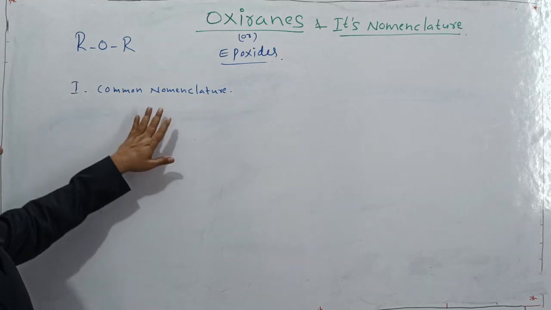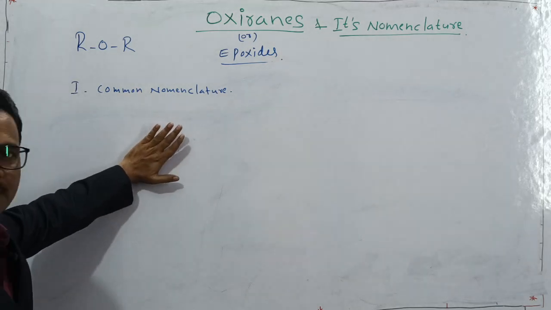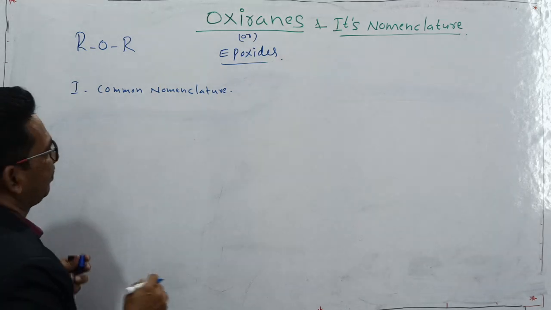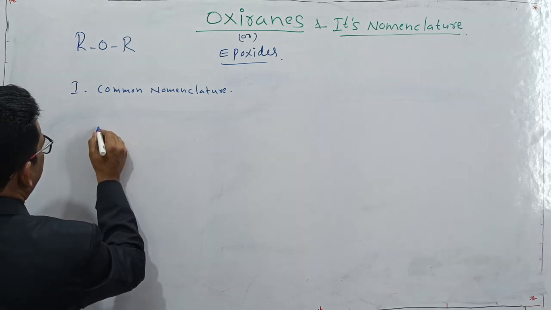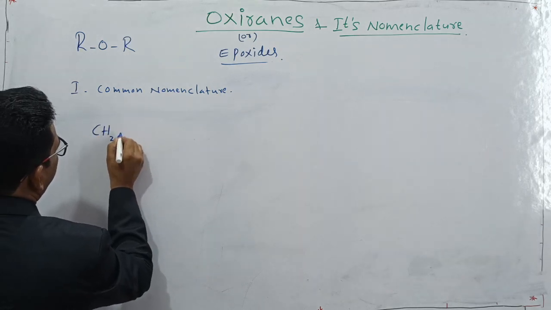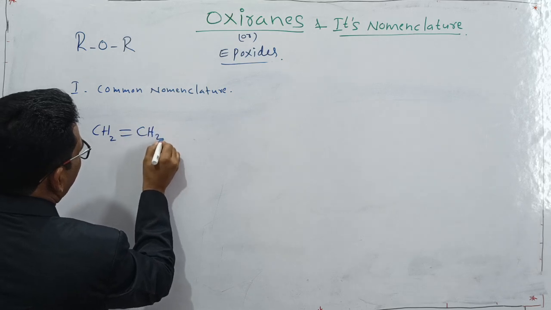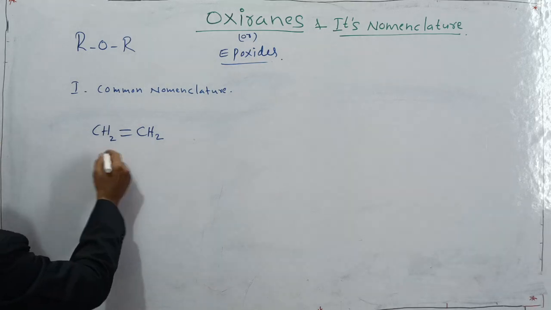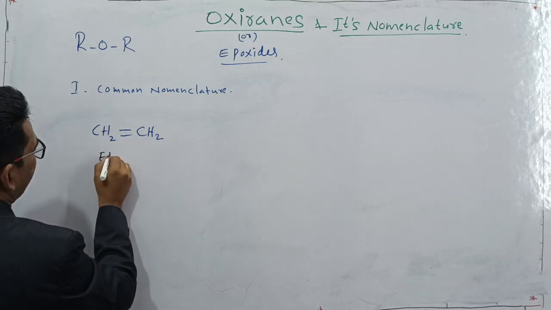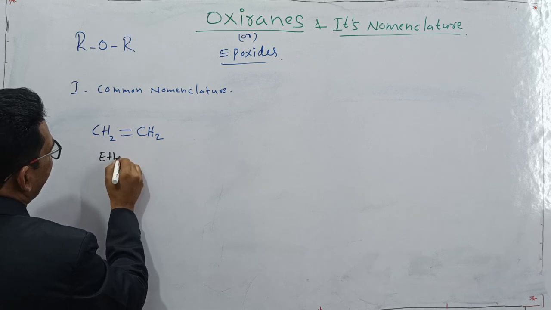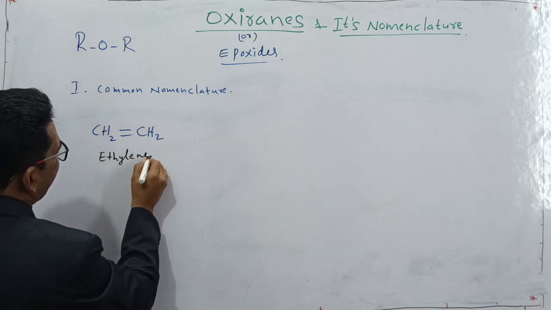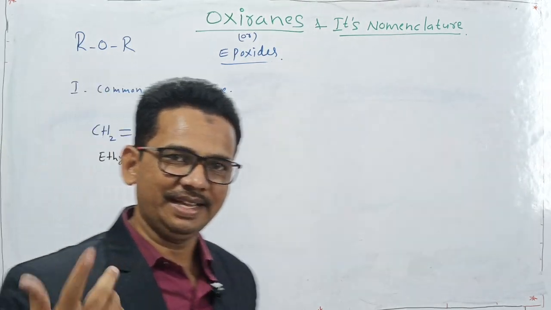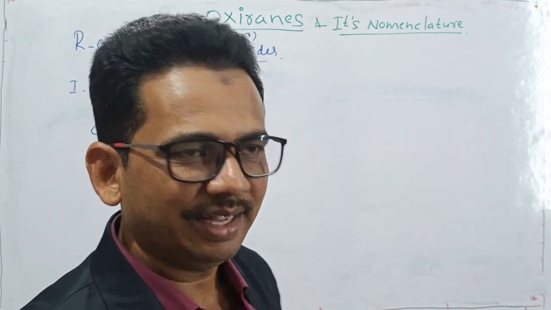How are we giving the nomenclature based on the common system? For example, I will write here, because already I told you these are derived from alkenes, double bonded compounds. What is the common name of this one? It has two carbons, eth. It's called ethylene. The IUPAC name is ethene, but the common name is ethylene.